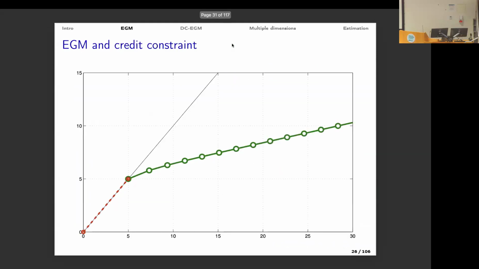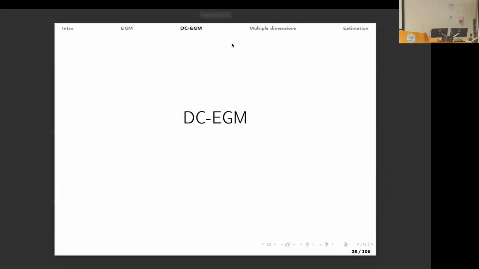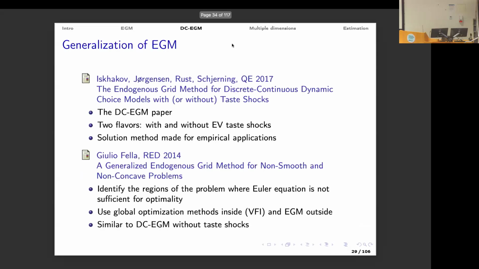Okay, let's now turn to DCEGM. The idea appeared pretty soon. Giulia Fella had a paper published in 2014 where she looked generally at non-smooth and non-concave problems in dynamics.